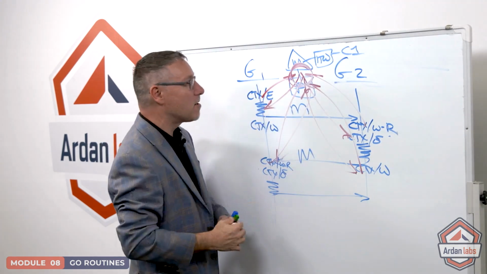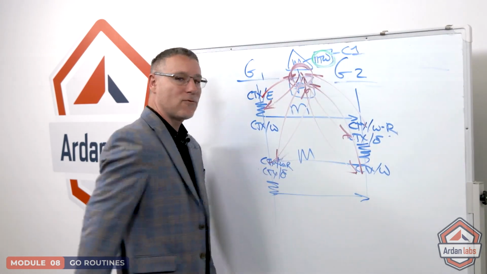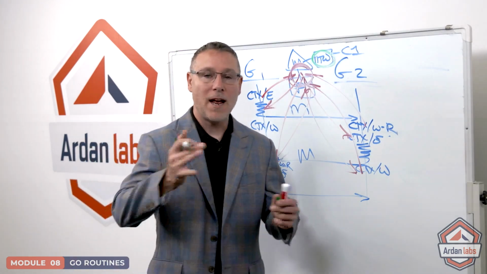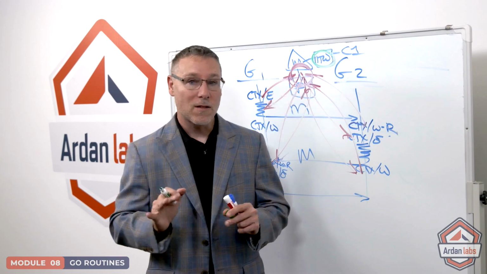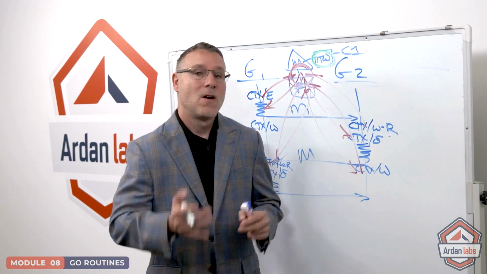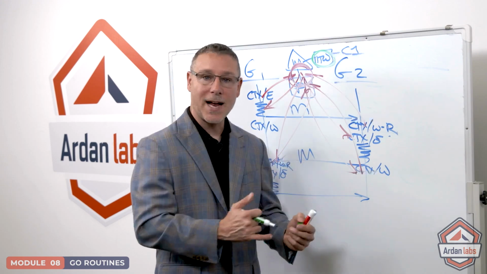From the operating system's point of view, this M is always running, always in an executing or running state. Always, always. From an operating system's point of view, we are doing CPU-bound work, even though it's really IO-bound.